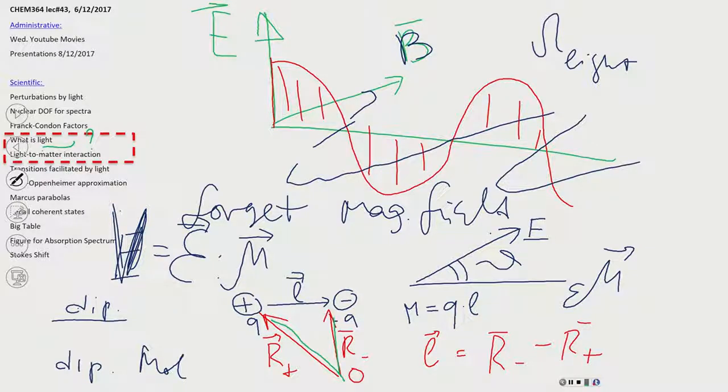Probing a piece of matter, a molecule, with electromagnetic radiation, exploring the response to radiation. So what is electromagnetic radiation? Light. What is light? Photons.